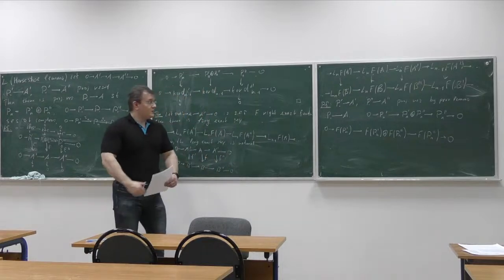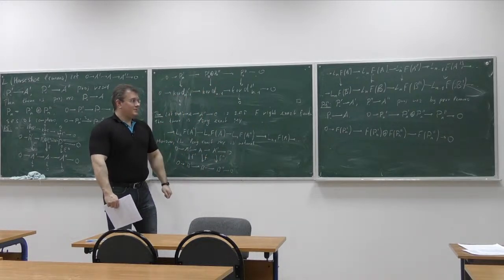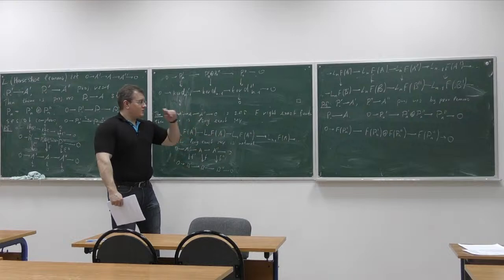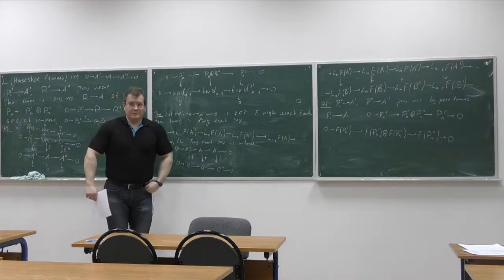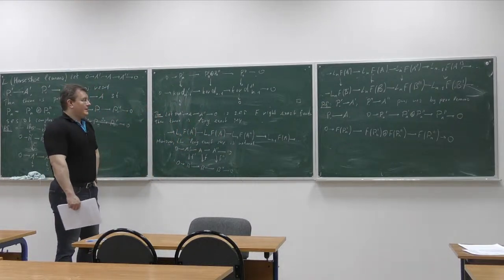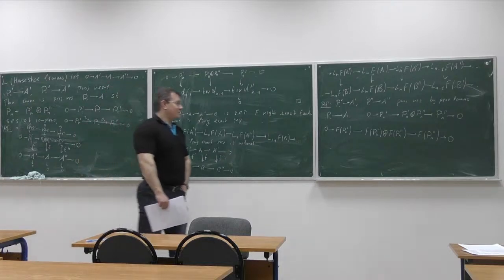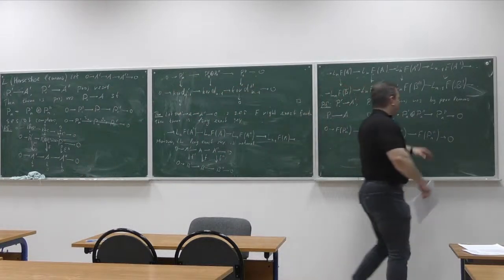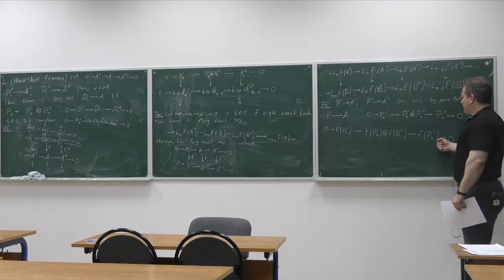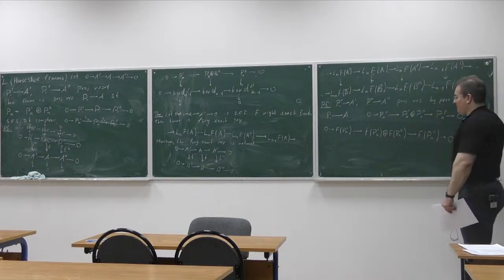So I want to ask you, is it clear that this sequence is exact? Notice that f is only exact on the right, it's not an exact functor. But since this sequence is split exact, this is still split exact. So in particular this is exact.